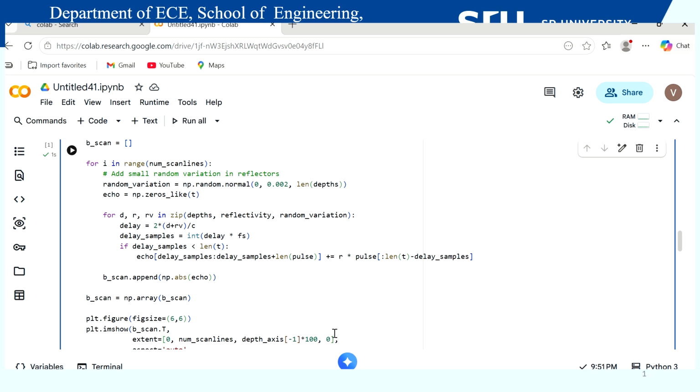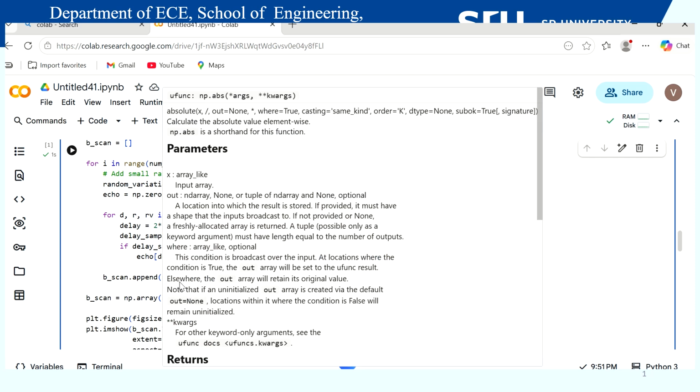Each scan line produces one A-scan. So we store all A-scans in B_scan.append(np.abs(echo)).